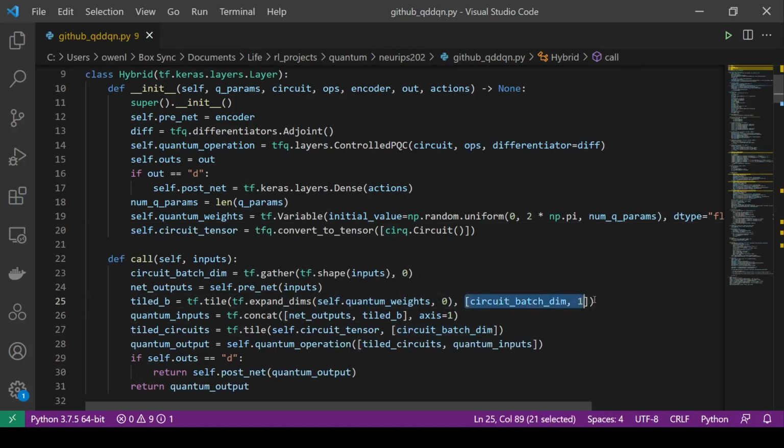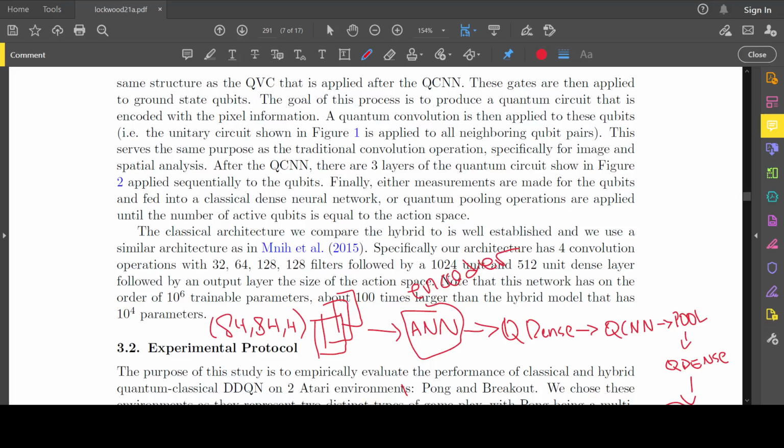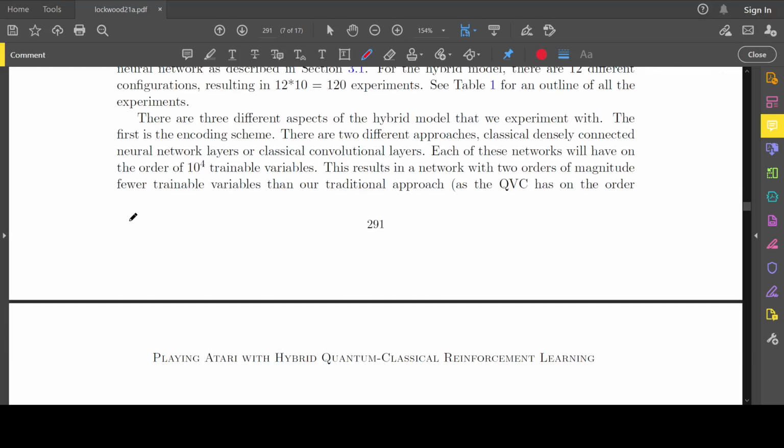And then we tile these weights to match the batch size. We concatenate them, right? Because that's all we have to do because we have this. Maybe if I go over and draw this on the paper, we can see. So right, we have our circuit, right? This is our whole circuit parameterized by a bunch of different operations.